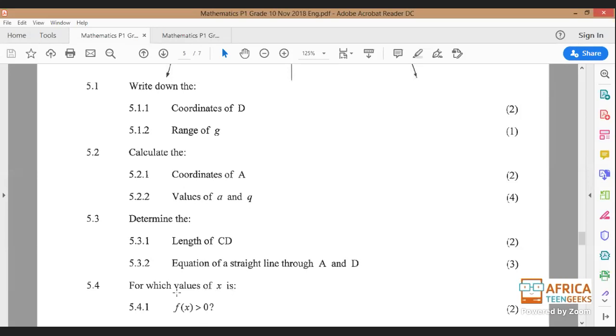This is part of your inequalities, so you should be comfortable with this. We did it a lot last week, and they always ask this one. So who can tell me which values of x make f(x) greater than 0?